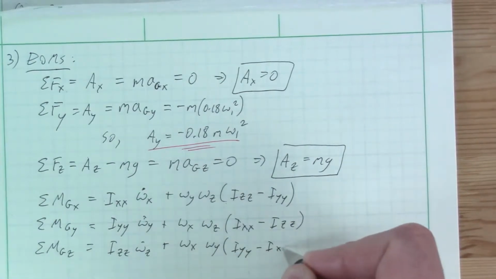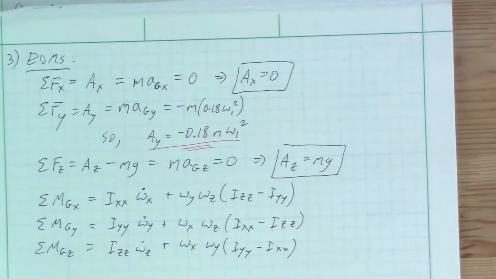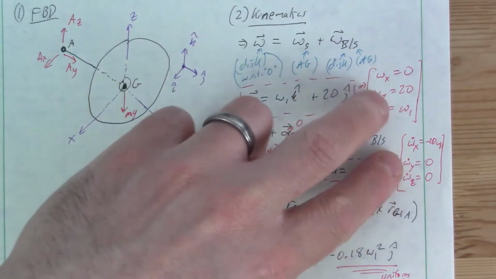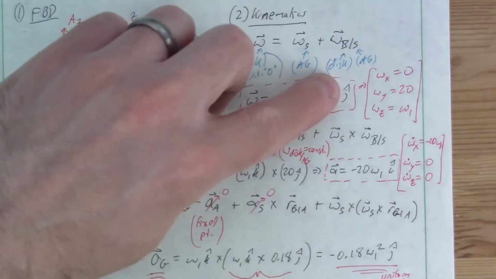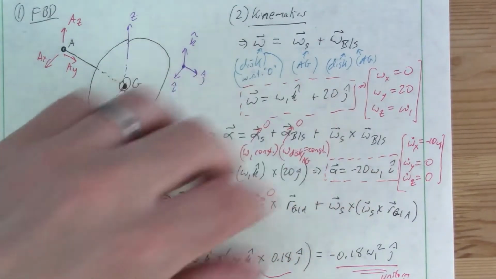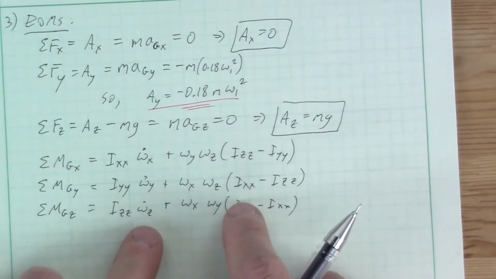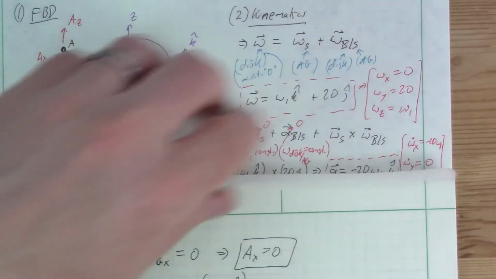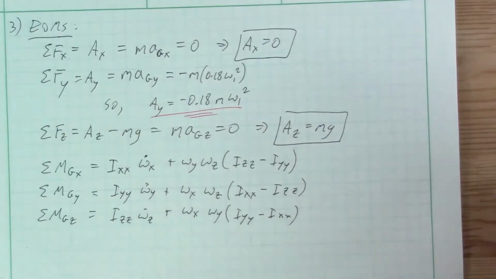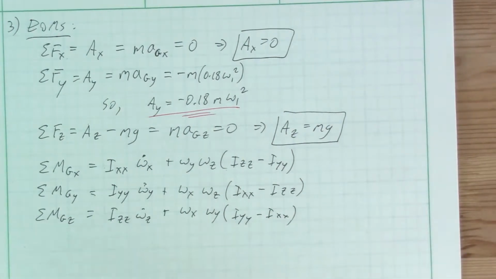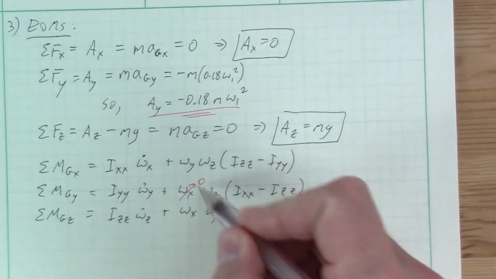What I just want to do now is run through this and, based on our kinematics analysis, cancel things out, right? We already determined what the angular velocity components and the angular acceleration components are for the body. Those are these values that we have here. If we just remember, omega x is 0. So anywhere we see omega x, that doesn't mean omega x dot is 0, it's just omega x is 0. So this term is 0 and that term is 0.